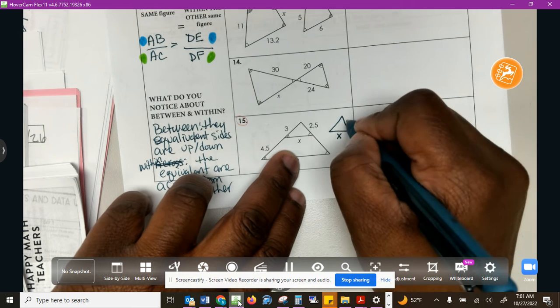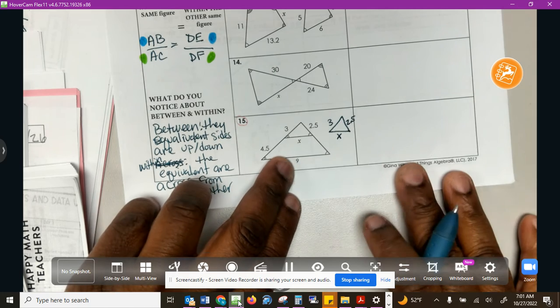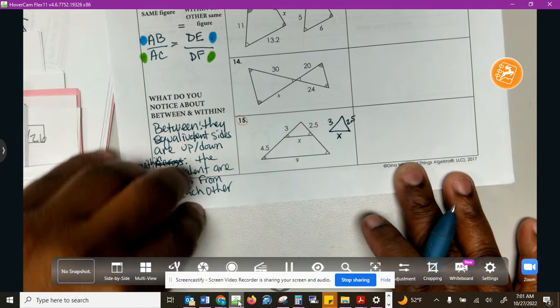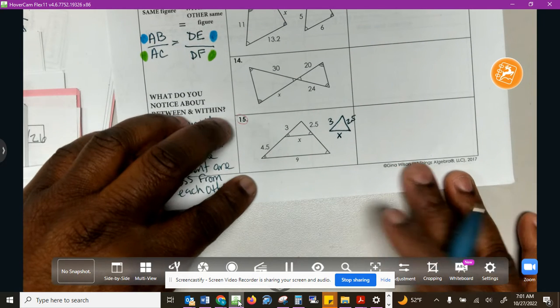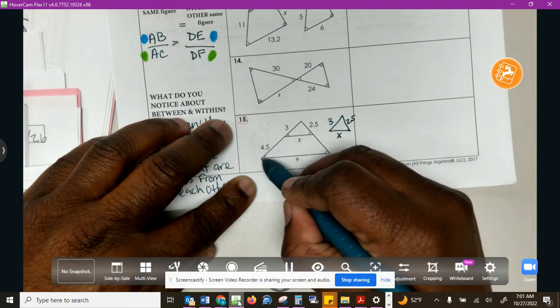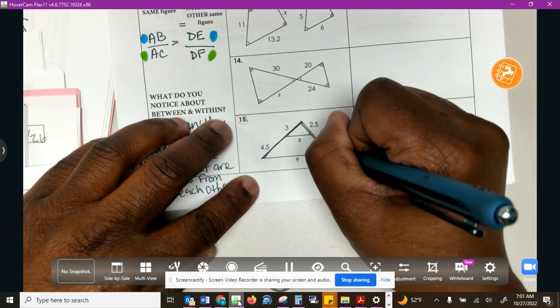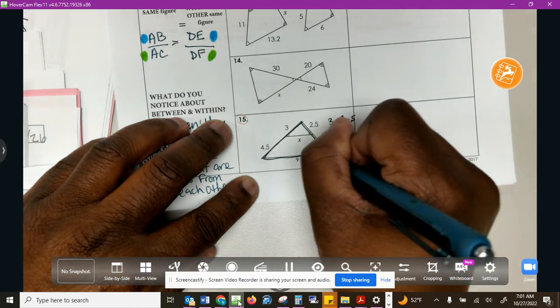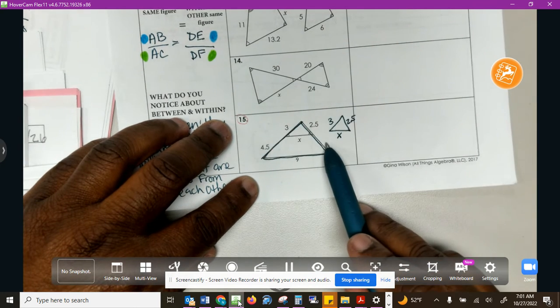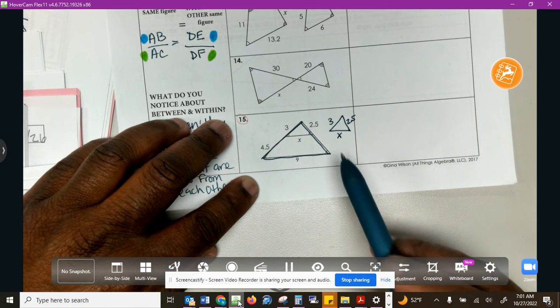I know it's x, 2.5, and 3. That's just the small triangle. Now for this big triangle, I no longer am looking at the small triangle. So I need to know what the measurement is for this whole side for the big triangle. Now they don't give us this small side here, and that's okay, because then we just won't use that side.